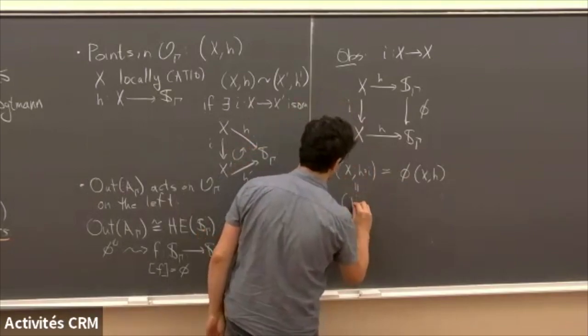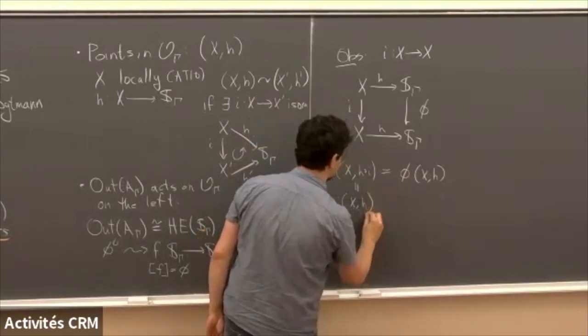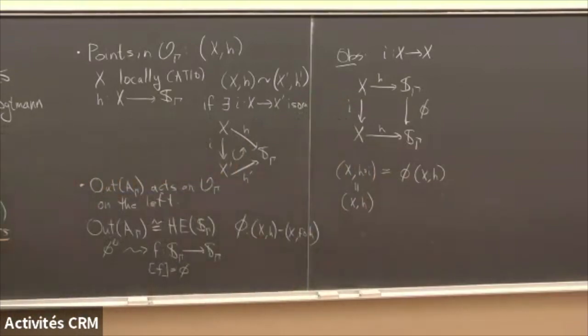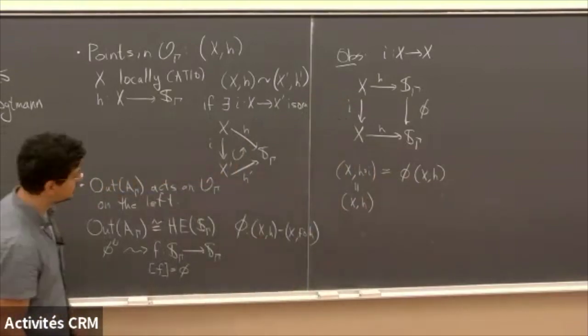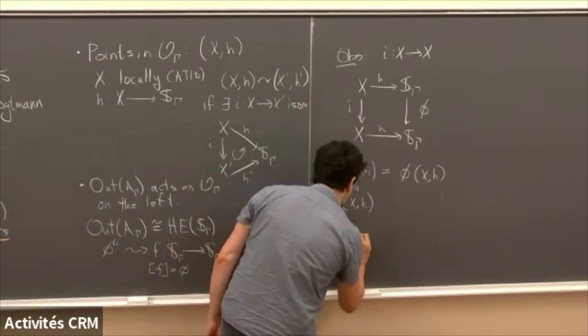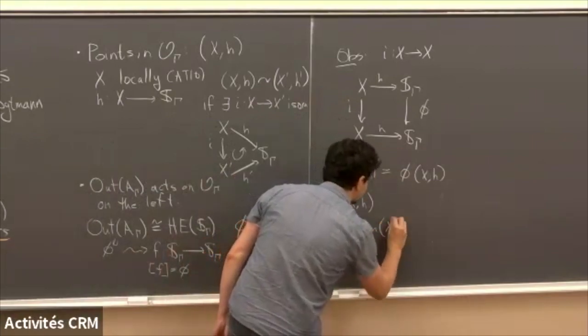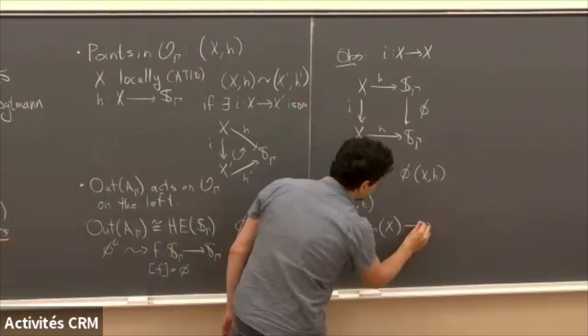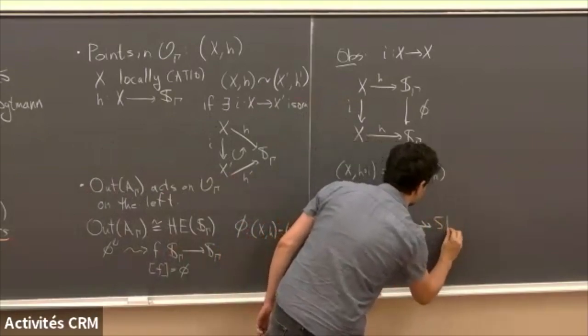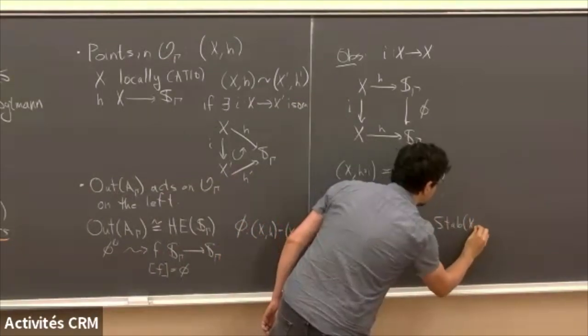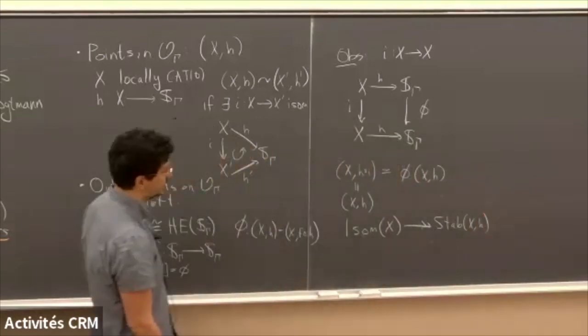So this is the same point as (X, h). And so this tells us that there's this map from the isometry group of X, and it turns out to be surjective onto the stabilizer of this point (X, h) in outer space.